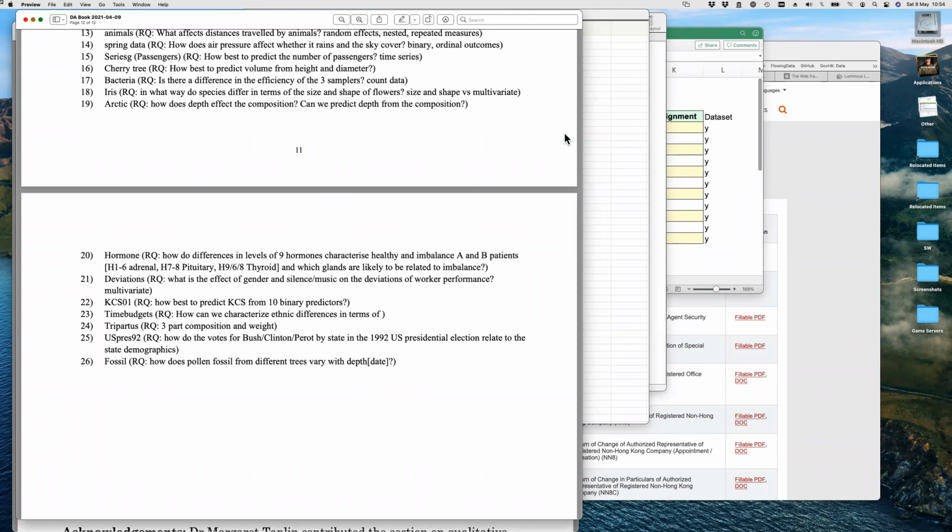The first four variables are the standard data set here. So this is composition, meaning we have collected the composition of samples, 39 different samples at different depths.